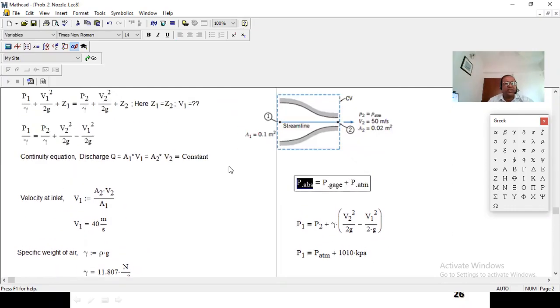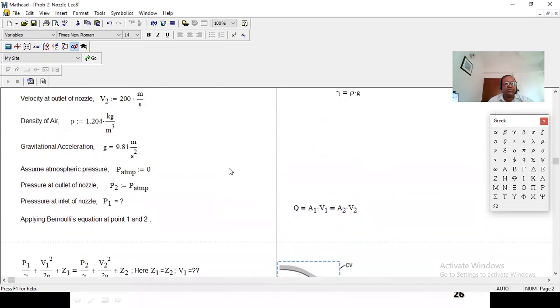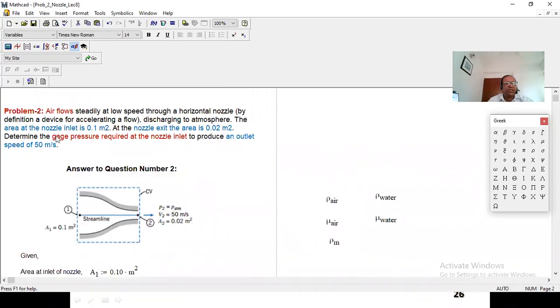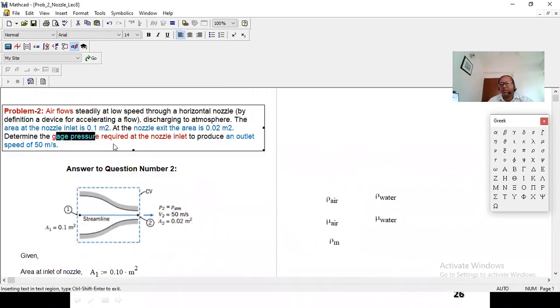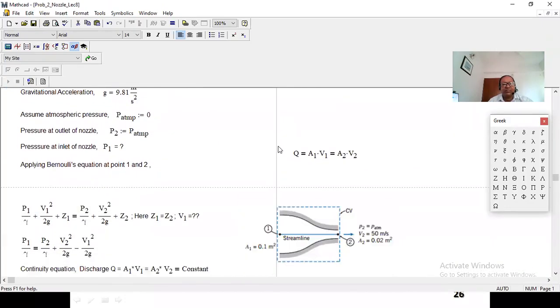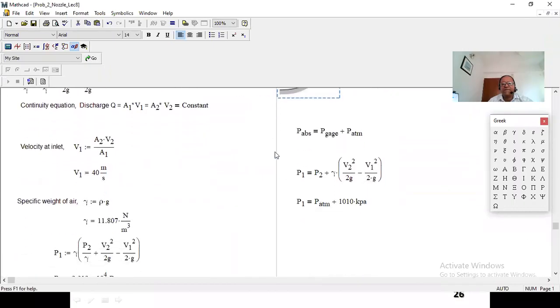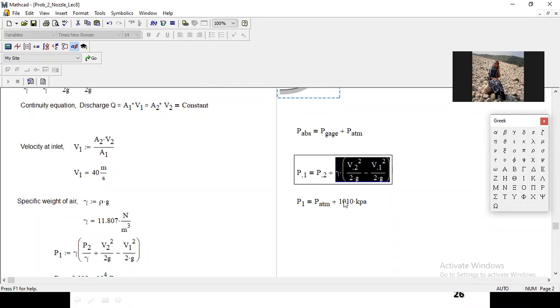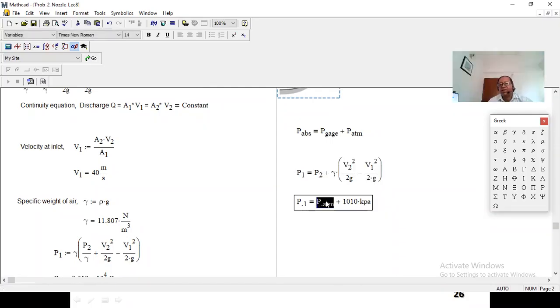Now, in our problem, what do they want? Figure out the gas pressure. Okay. So, what is the gas pressure here? Gas pressure means you will not add the atmospheric pressure with the result. So, this was our gas pressure, that is 110 kilopascal, and this was our atmospheric pressure. So, we ignore the atmospheric pressure. Okay. Any problem, sir?